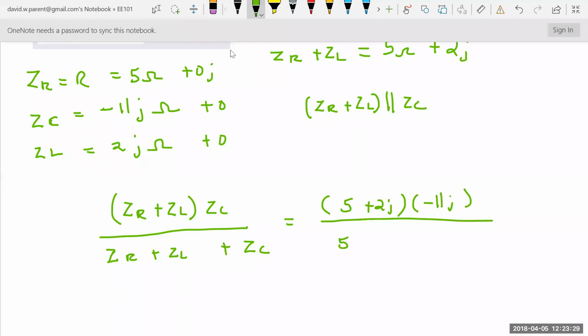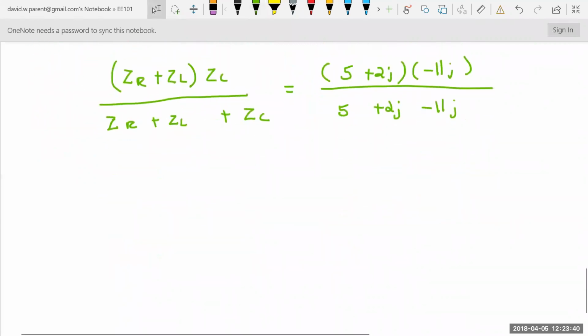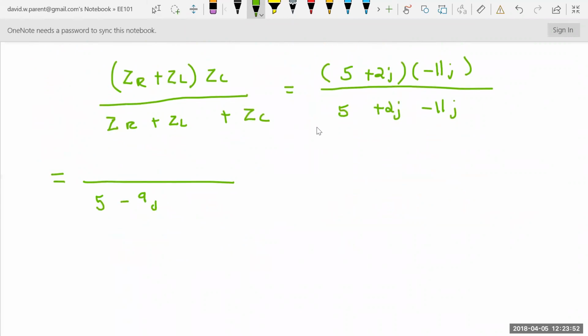And then we have 5 plus 2j minus 11j, which is 5 minus 9j. Over here we have 5 times minus 11j.